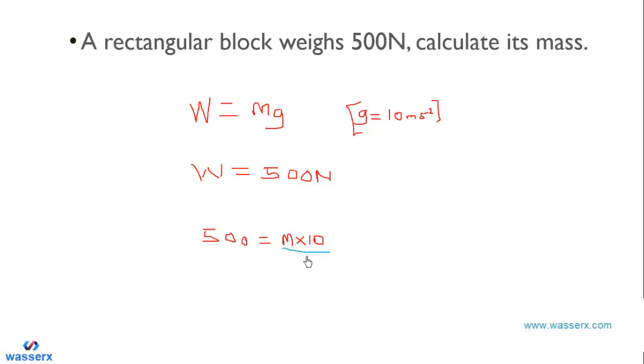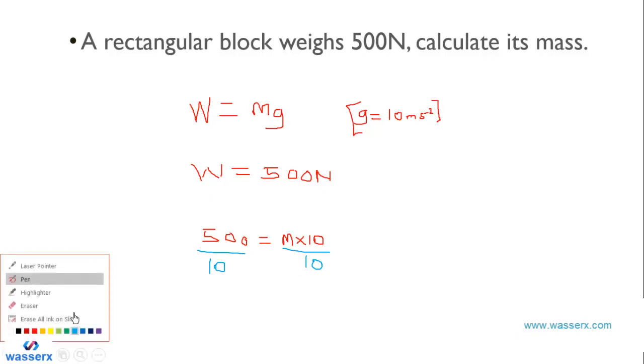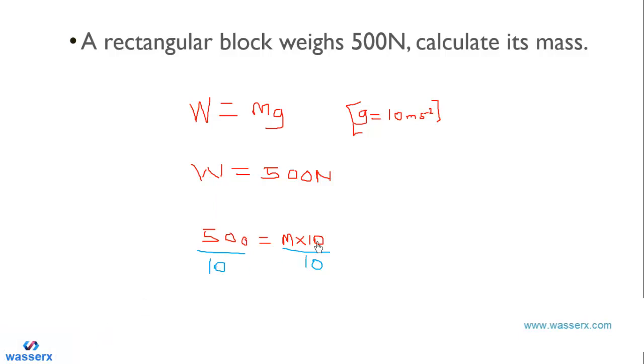So we have the mass. This cancels this. 10 goes into 500, 50 times. Therefore the mass is equal to 50 kg. The mass of the block is 50 kg.